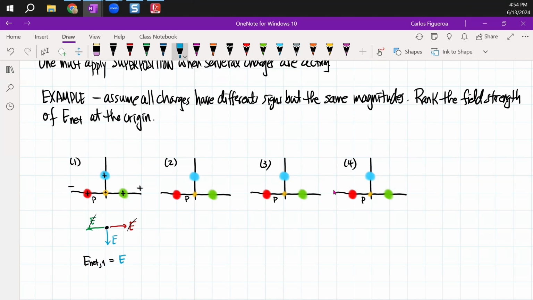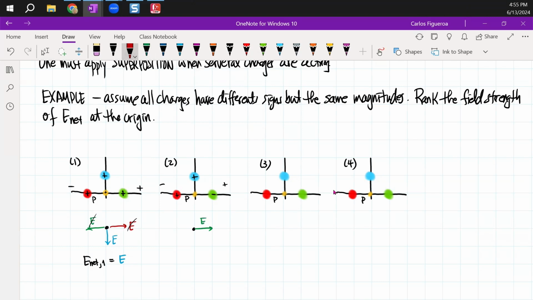Now, what happens if I do the opposite, and put positive and negative like this? What does superposition really tell us? I have to look at what those charges are doing. What's the negative charge doing to the test charge? It's moving it to the right. What's the red doing?